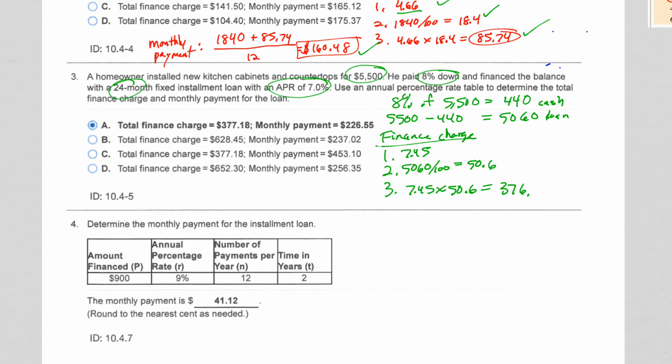$376 and 97 cents. It's close. Actually, they both match right there. Okay, so when we get to the second part, you'll know exactly which one it is. So monthly payment.